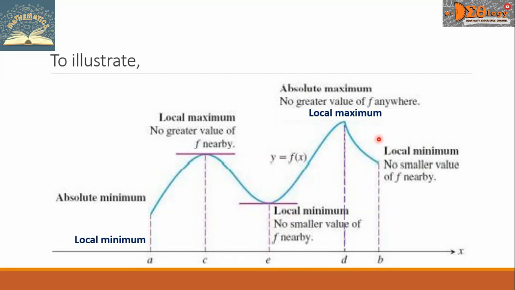The same is true with this point in here. But the point when x is equal to a, this point here is also called absolute minimum. We say that there is no smaller value of f anywhere. Or simply said, this is the lowest point of the graph in the interval.